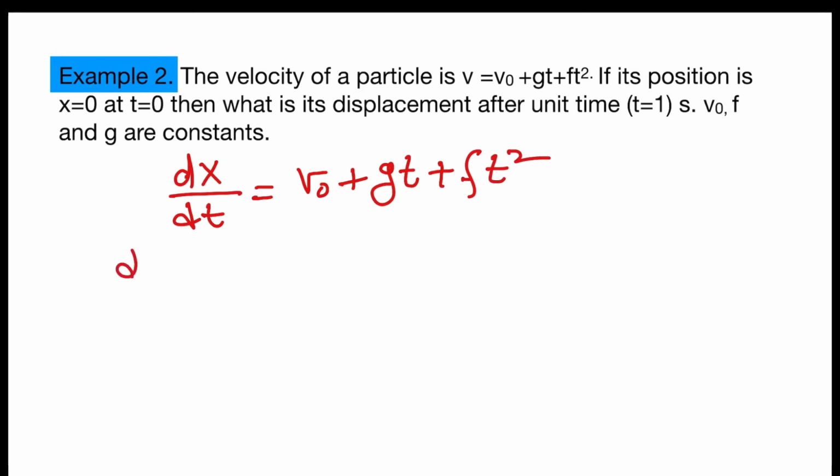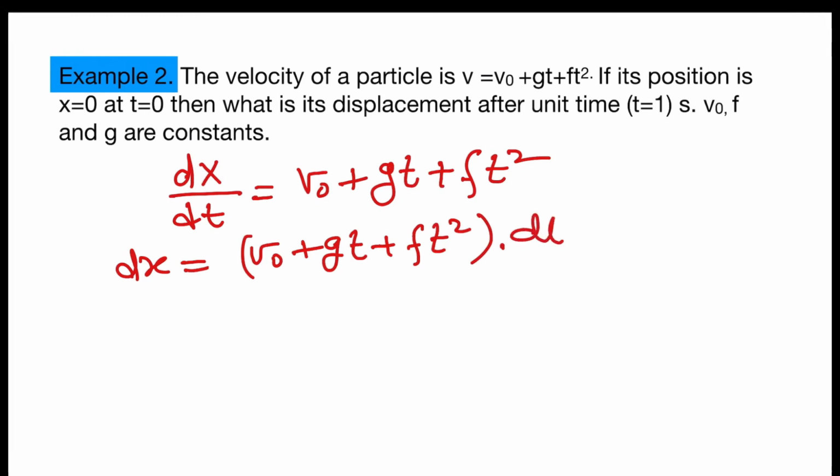Or we can say dx equals (v0 plus gt plus ft square) dt, and if we integrate both the sides, we integrate from time t equal to 0, when x is equal to 0, which is given, to time t equal to t seconds, where we consider the displacement as x.